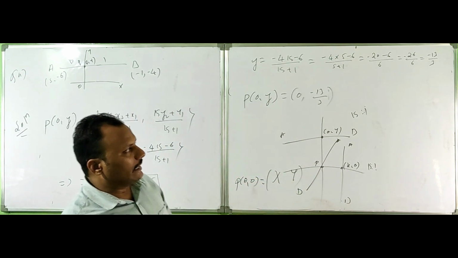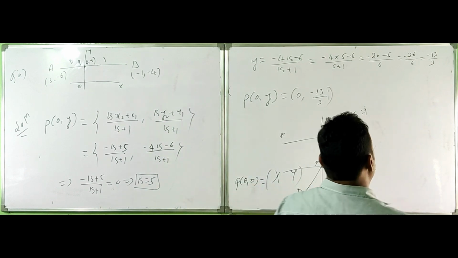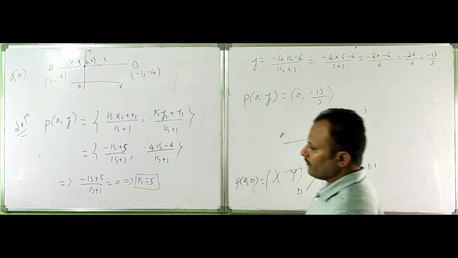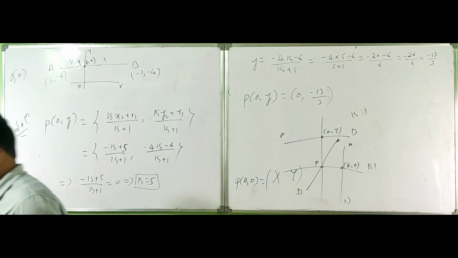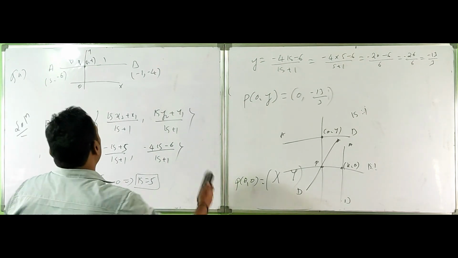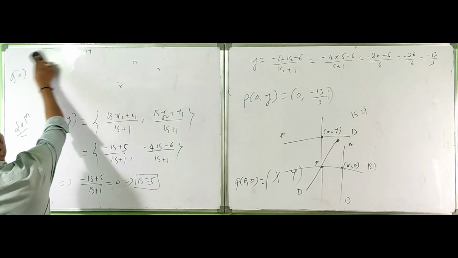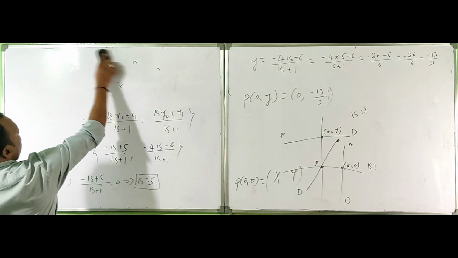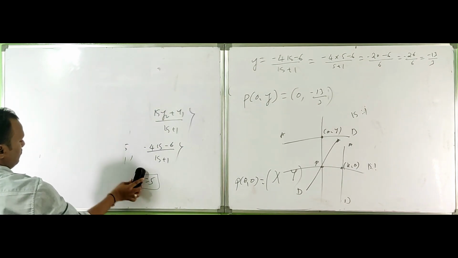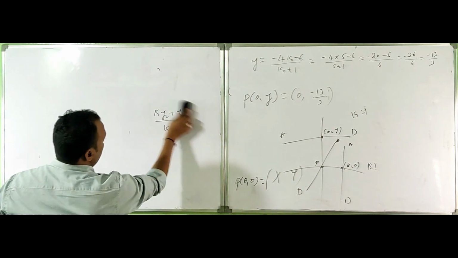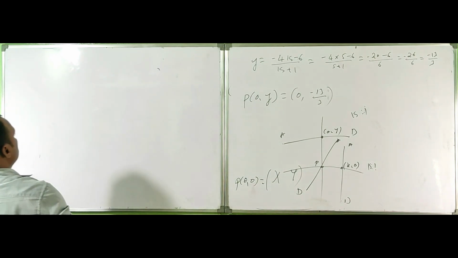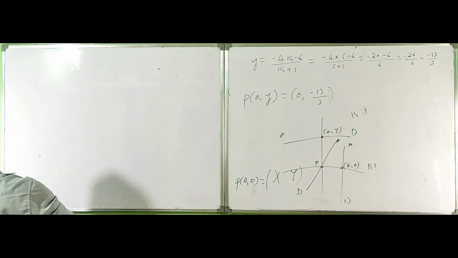Right? And the distance formula, you know, D is equal to X2 minus X1. There are only 3 formulas in this chapter.